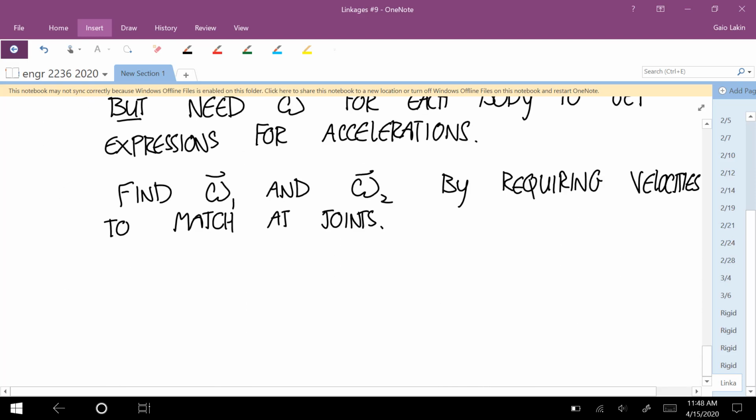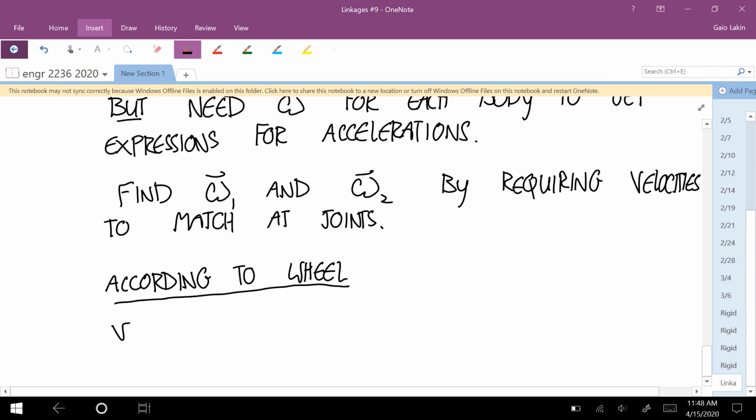Okay, so according to the wheel, the velocity at that point D is easy to calculate.